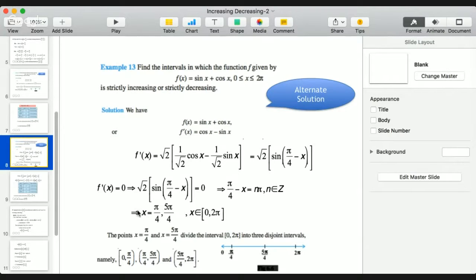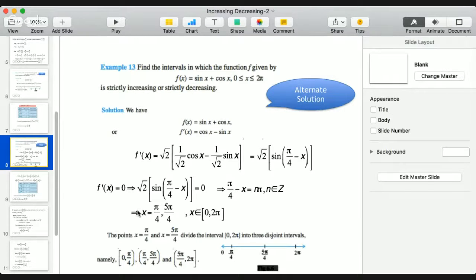In this method, we again differentiate and get cos x minus sin x, and then we multiply this entire expression by 1 by root 2, and again multiply by root 2 to nullify the effect. That becomes root 2 times (1 by root 2 cos x minus 1 by root 2 sin x).